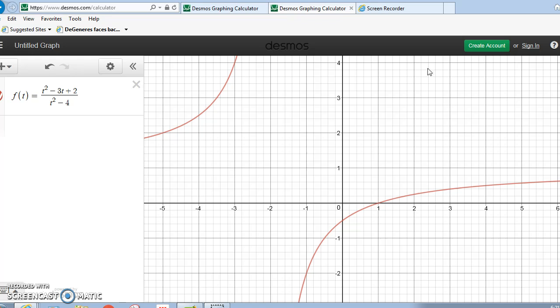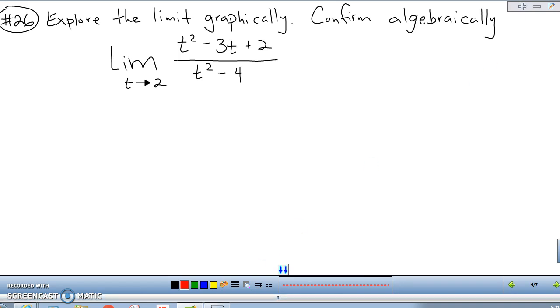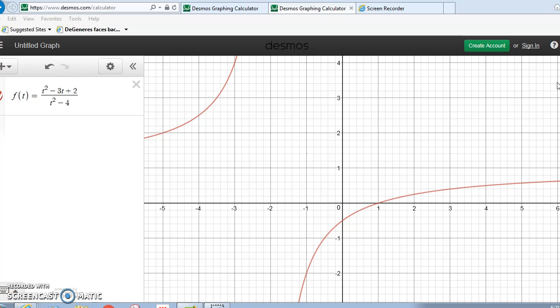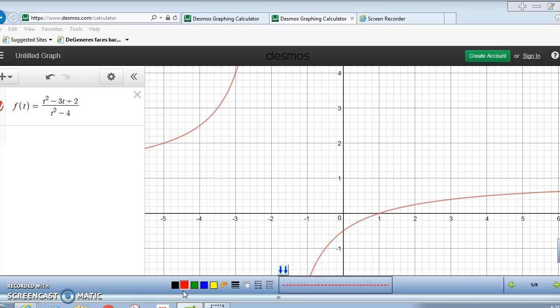Now remember, once again, we get this vertical asymptote at -2, which makes sense because of our domain. T in this case cannot be plus or minus 2. So that means at +2, we should have an open circle.